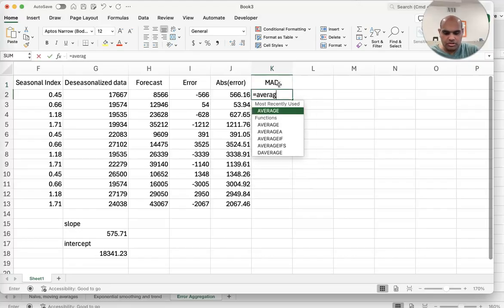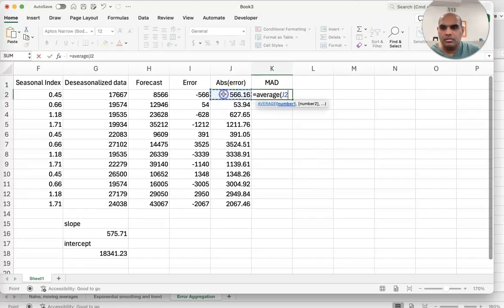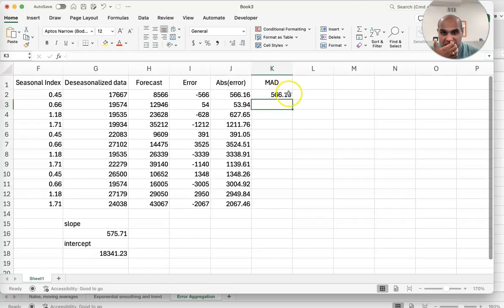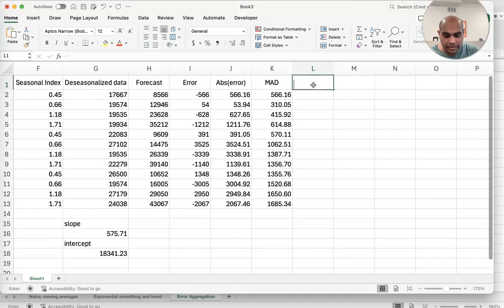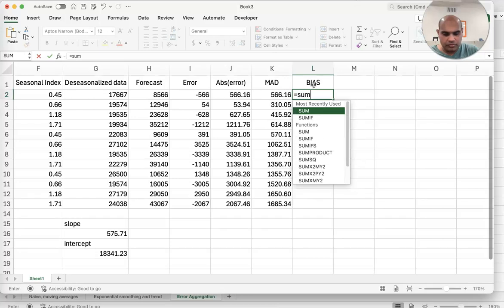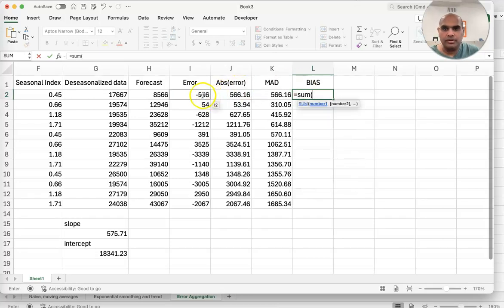This will be the average, starting always here and ending wherever it ends, right? You got that. And then I can calculate bias. It's just the sum of all the error up to this point. So it starts here again, ends in the same place.